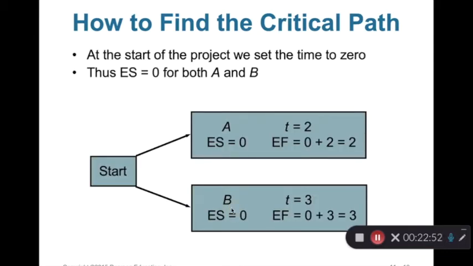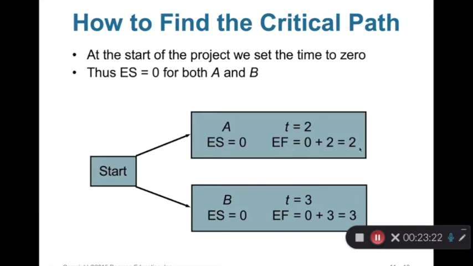Okay, let's look at some examples. You may see here, this is the start node, and activity nodes. 2 activities, A and B. A's activity time is 2. Because A has no immediate predecessors, the earliest start time for A is 0, and 0 plus 2 equals 2.